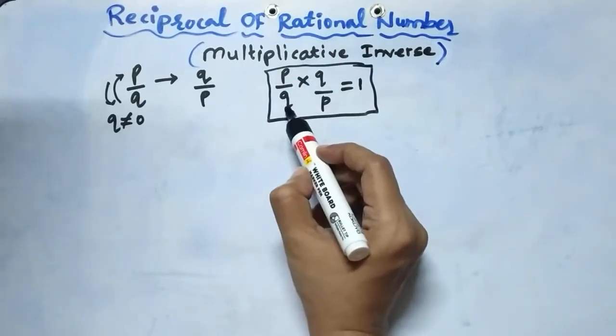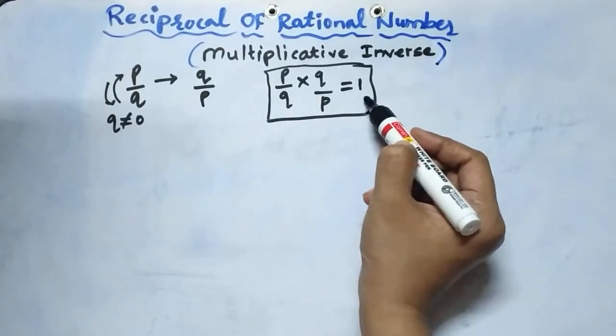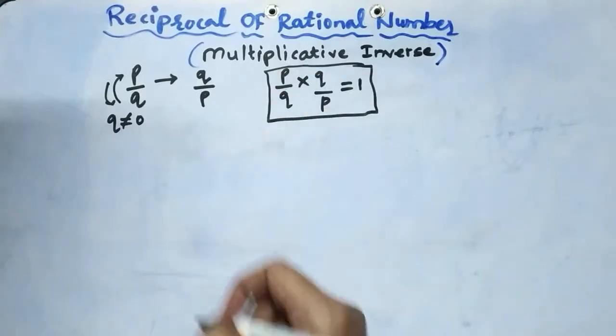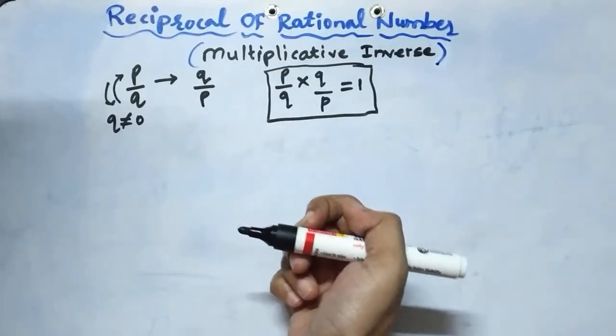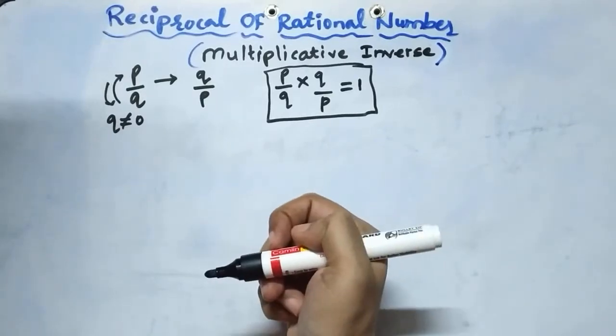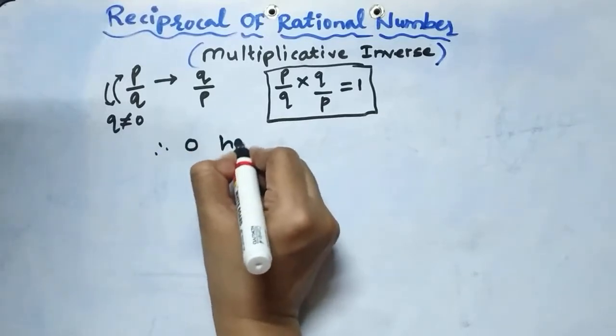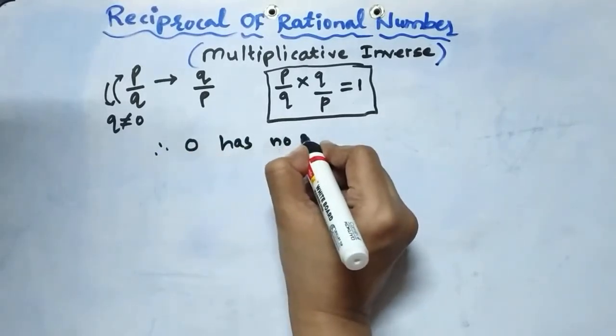After multiplying a rational number with its multiplicative inverse, we get 1. But in the case of 0, there is no rational number which multiplied by 0 gives 1. So, friends, we can say 0 has no reciprocal.